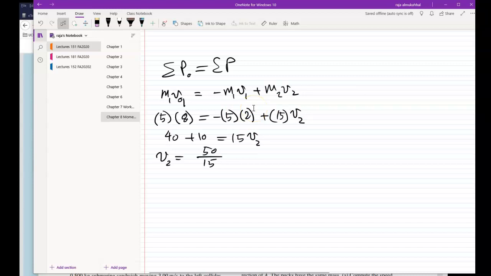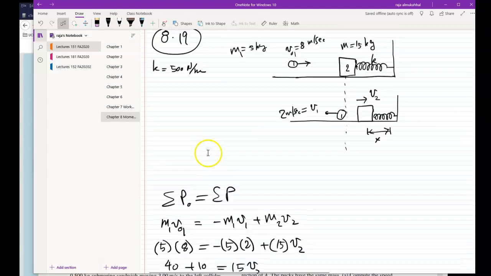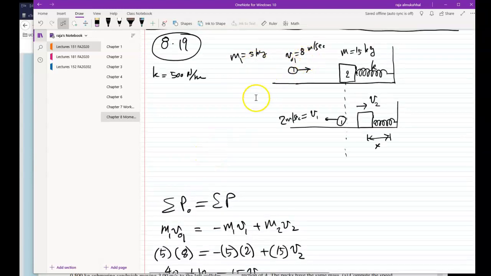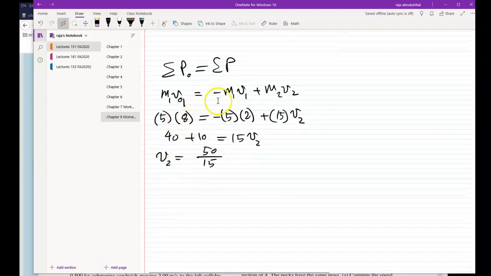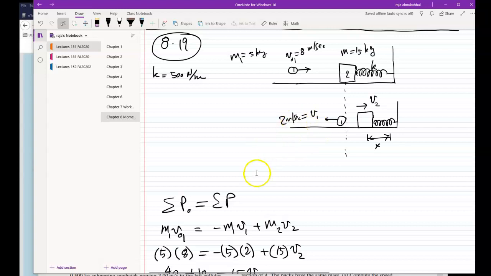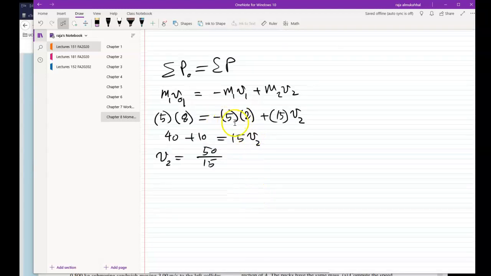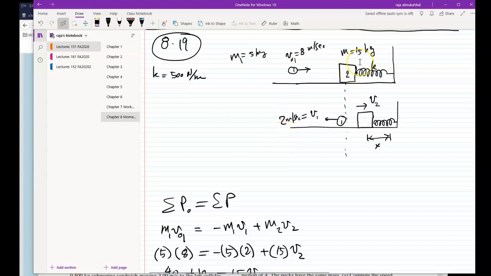I know there is a mistake somewhere. 5 times 8 is 40, equals 5 times 2, and that's going to be minus 10. You move it over here, it becomes 50. And the mass is 15 kilograms.